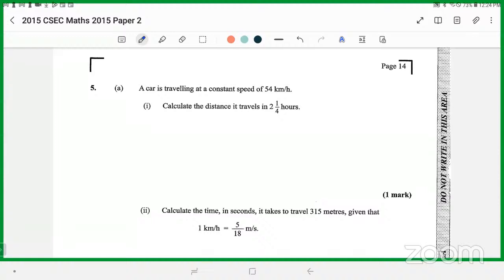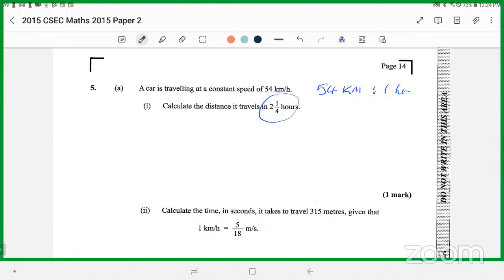And 60 seconds make a minute, so for seconds you divide again by 60. All this statement means is that it goes 54 kilometers to 1 hour, almost like a ratio. Calculate the distance in 2¼ hours.